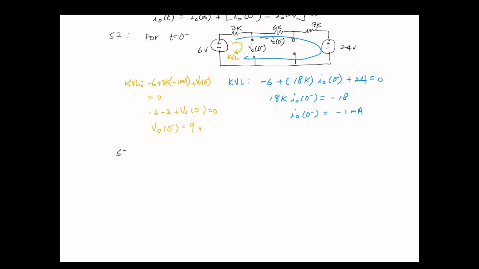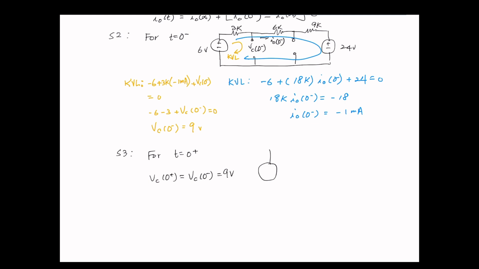Step number 3, for t equals 0 plus, V sub C 0 plus is going to be the same as 0 minus, 9 volts. However, we need to check I sub 0 plus, right? So we're going to use this V sub C of 0 plus to find I sub 0 plus.